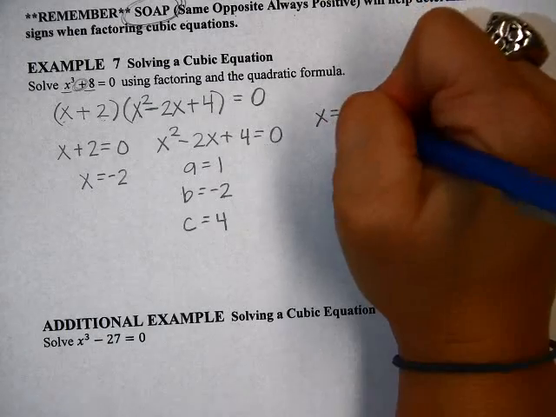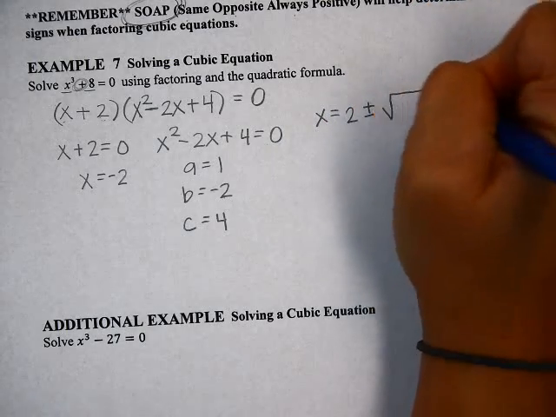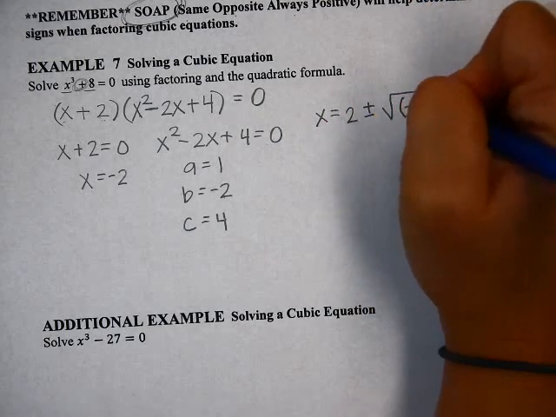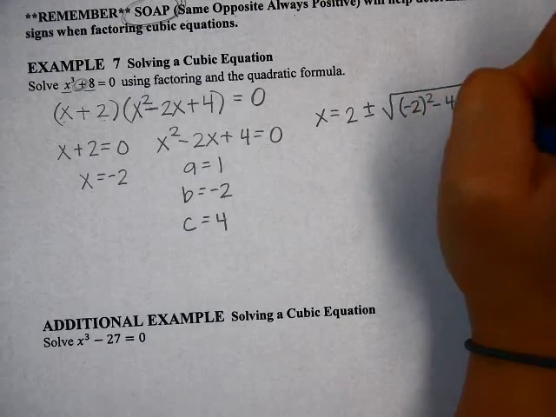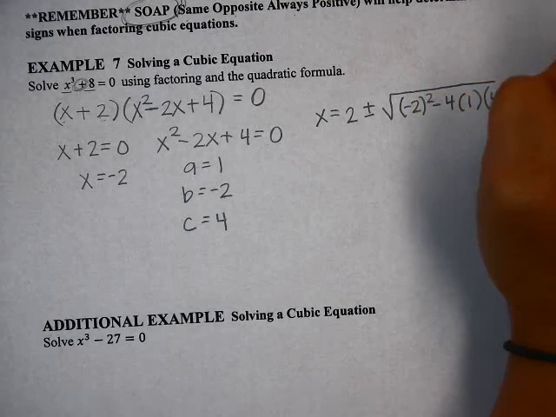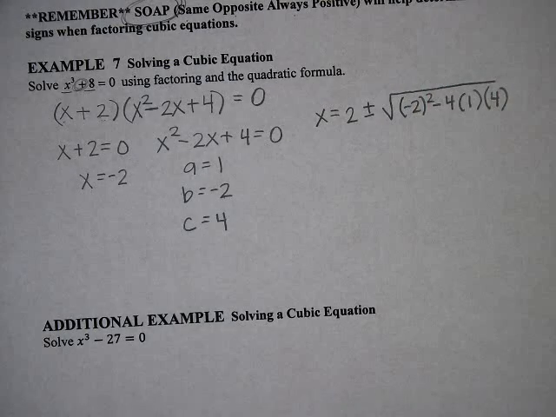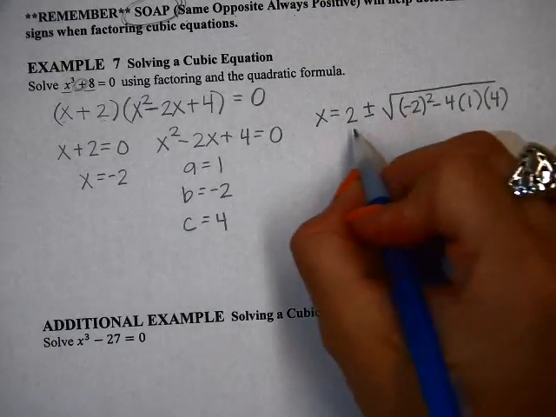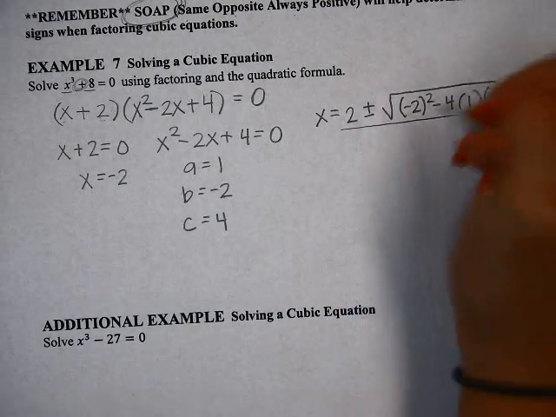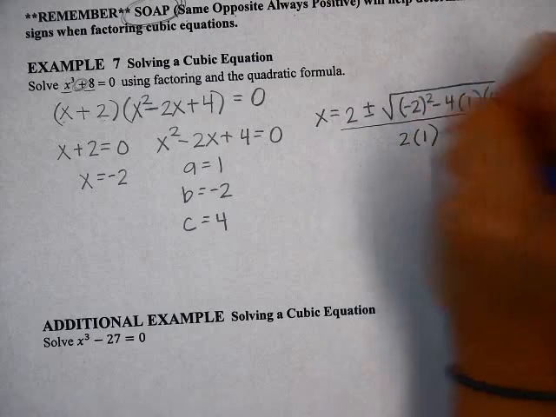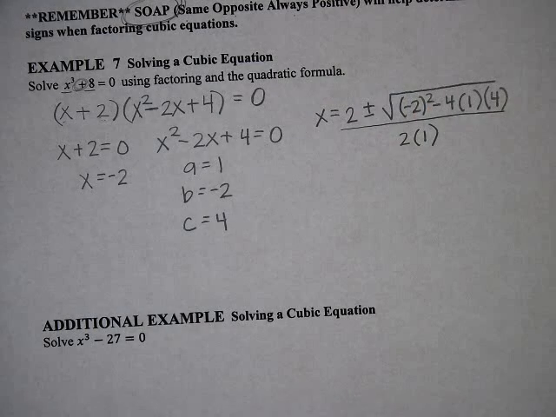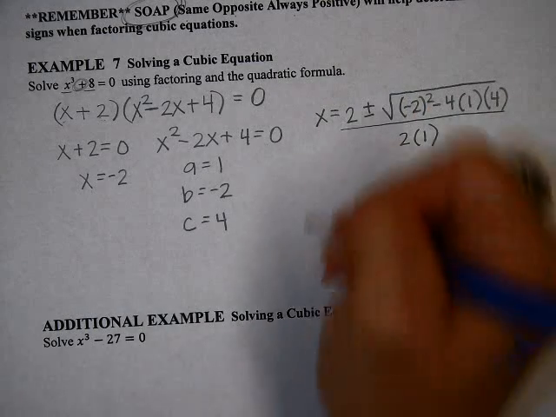So that will be a positive 2 plus or minus the square root of negative 2 squared minus 4 times 1 times 4, 1 being your A and 4 being your C, all divided by 2A, and your 1 is your A.